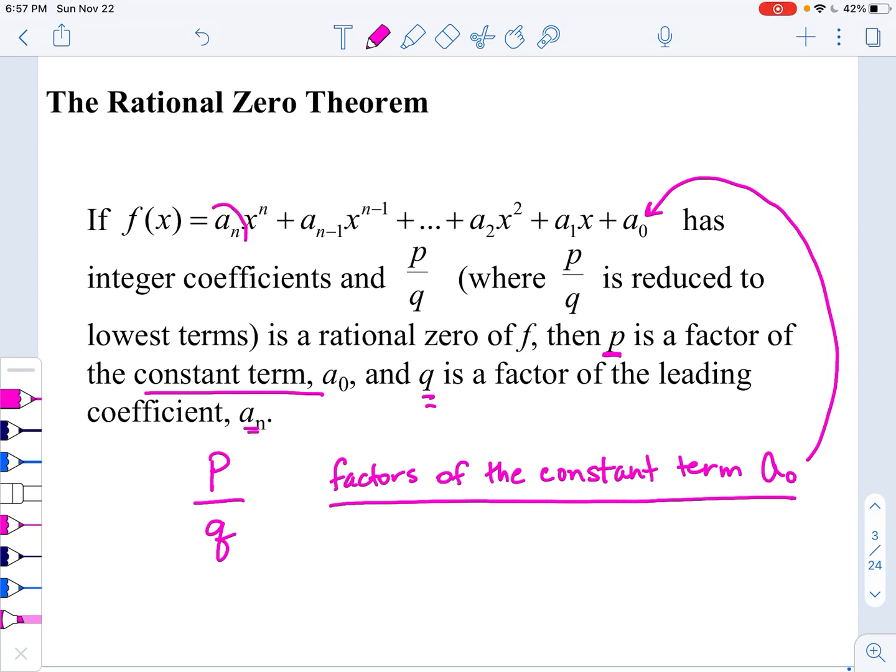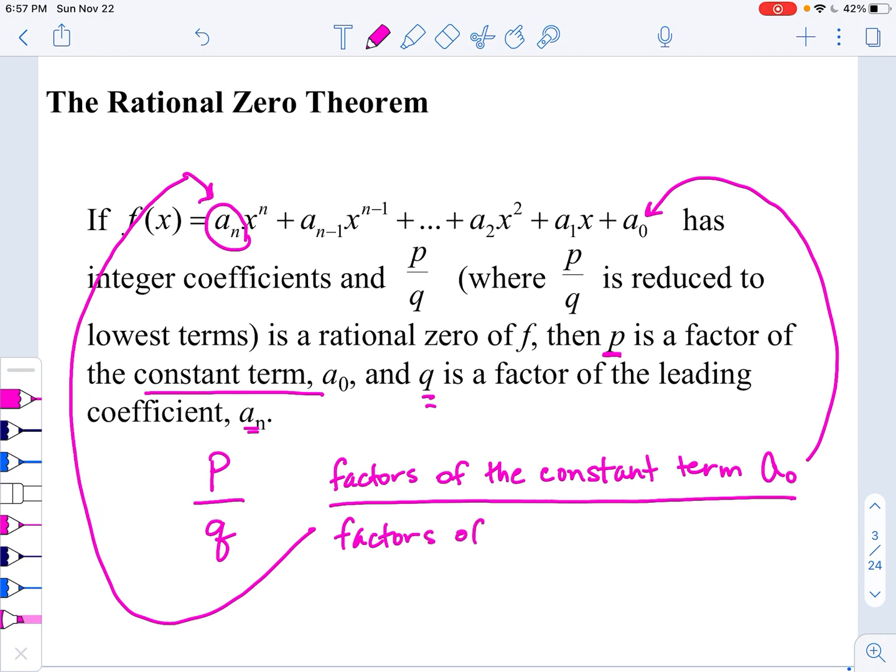So we look at that a sub n to figure out what the q piece is, which are our factors of the leading coefficient. So the rational zero theorem tells us that we are looking for p over q. We want to find all the possible solutions of this polynomial function.